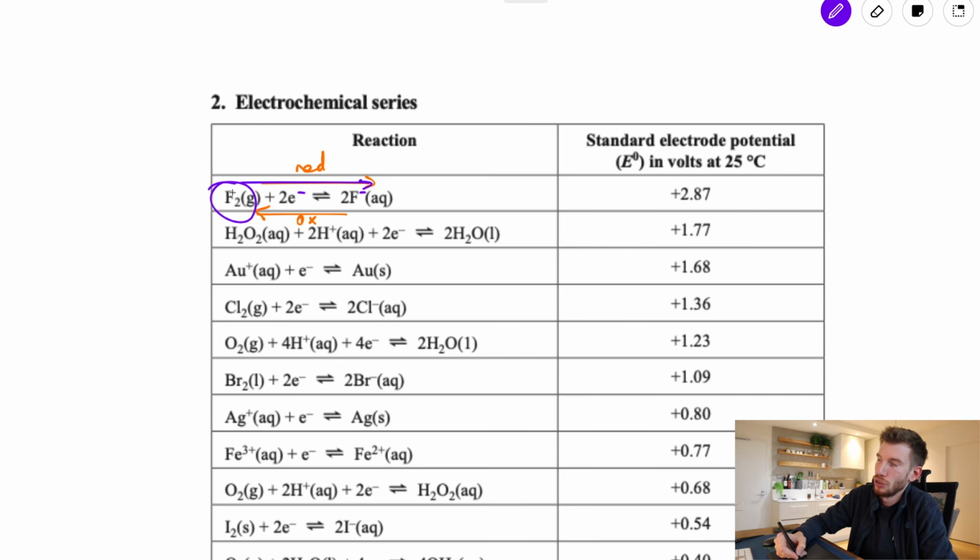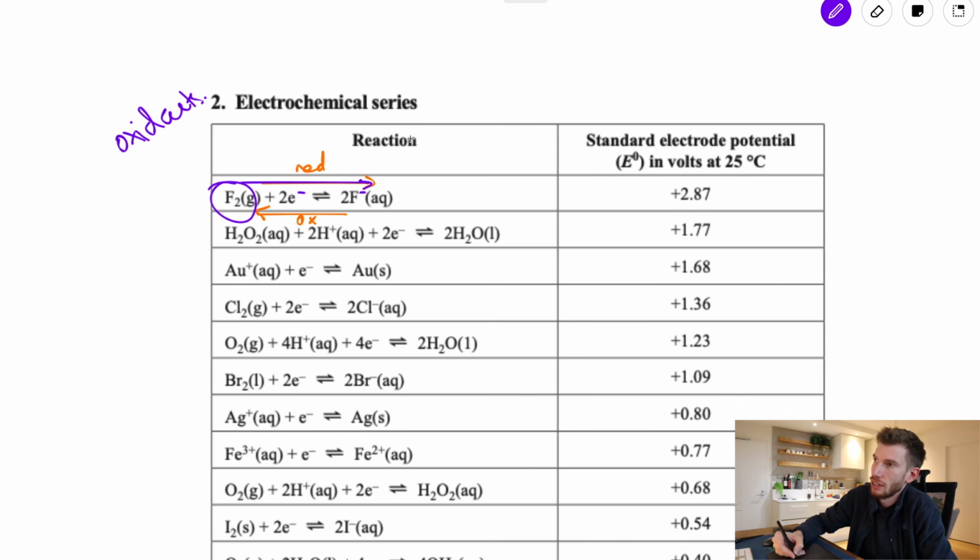We refer to reactants on the left side as oxidants. And the reason why we do that is because they cause oxidation in the other chemical species that they're in contact with, but they themselves undergo reduction, which I know is a little bit confusing the first time you learn that.